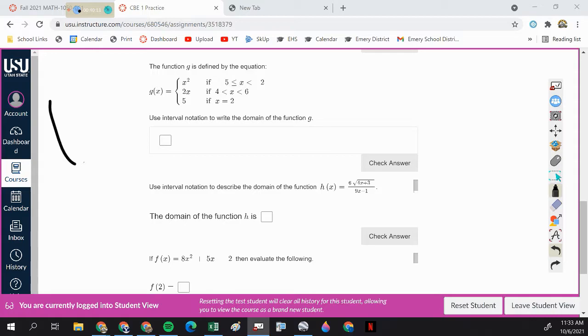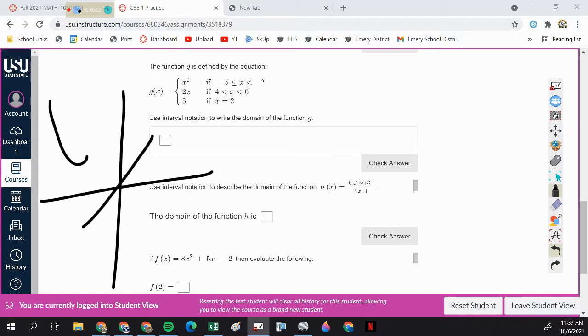So you take part of one graph, and then part of another graph, and then part of another graph. And it is a function because it passes the vertical line test, even though it's built out of 3 other functions. None of them overlap vertically.